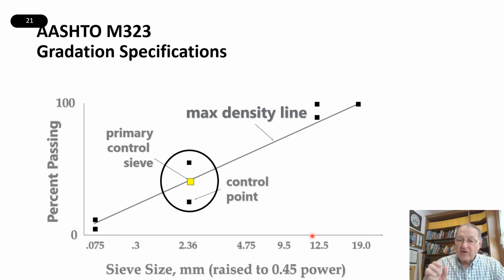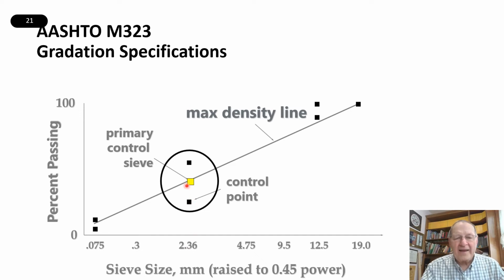But on average, the largest particle that I can put amongst those 4 half-inch size rocks is going to be a number 8, or a 2.36 millimeter size particle. If I try and put a 4.75 millimeter particle in there, that fourth one is not going to come down on top of it. Okay? So that's how the sieve size is selected to be the primary control sieve.